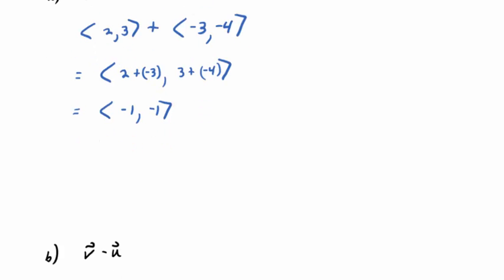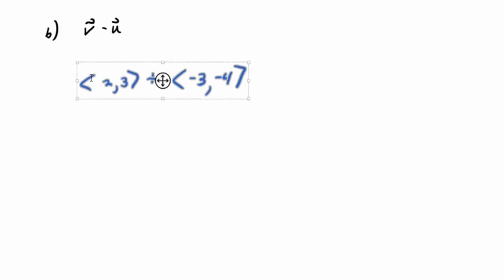Okay, now v minus u. Let me take a copy of what I just wrote down. So in the last problem, this first guy 2, 3 was v, and the second guy -3, -4 was u. But what am I going to change here? Just the plus to a minus. Now, you can define subtraction using addition, right?